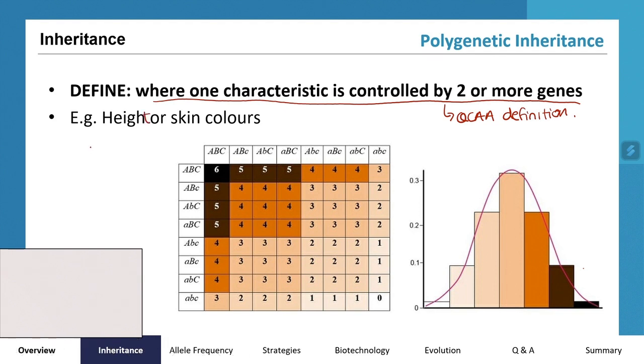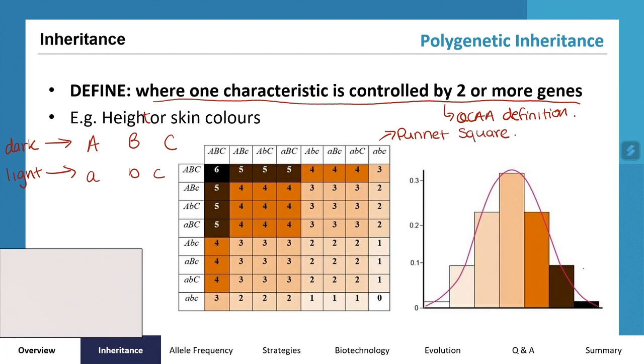Skin color actually is made up of three genes. So there are dominant genes, A, B, and C, and then recessive genes, little a, b, and c. The more dominant genes you have, the darker your skin tone is, and the more recessive you have, the lighter it is. And so this is actually an example of a Punnett square for inheritance with three different types of genes.